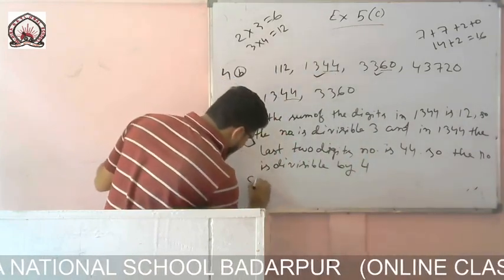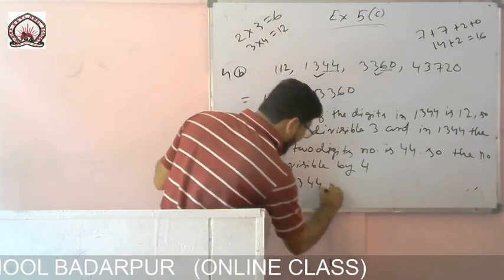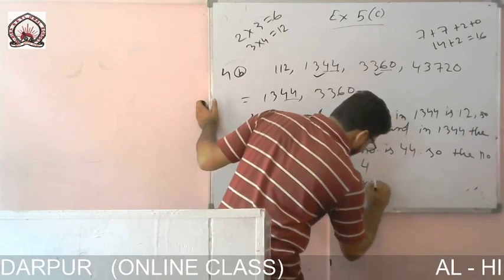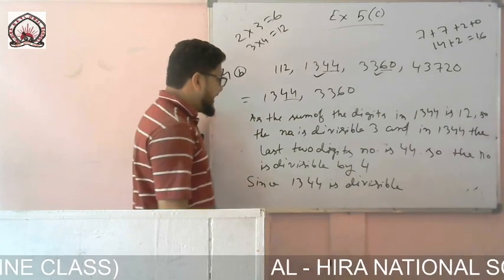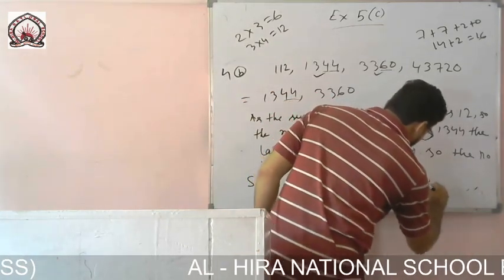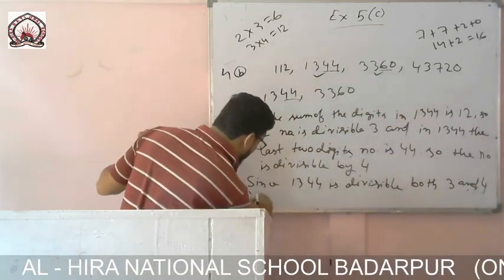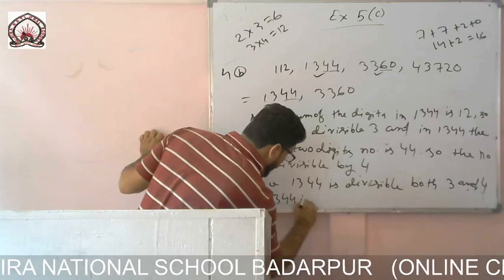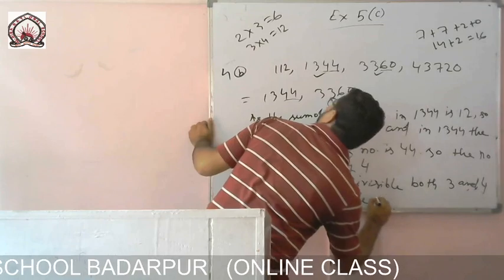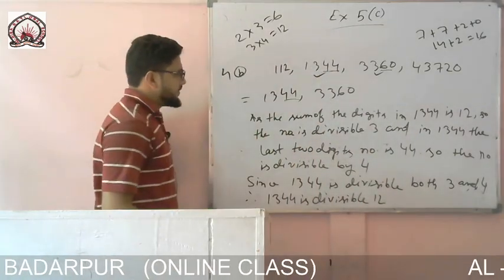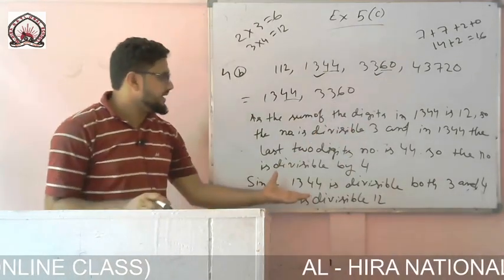Now write, since 1344 is divisible by both 3 and 4, therefore 1344 is divisible by 12. Okay, so like this you write for 3360 exactly.